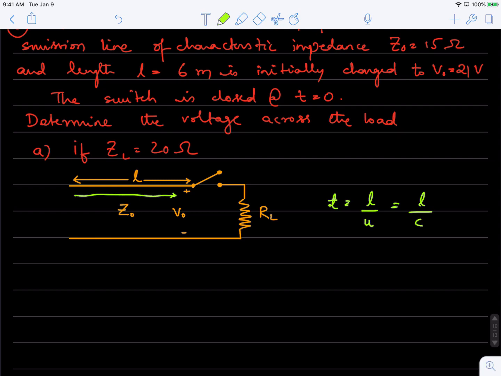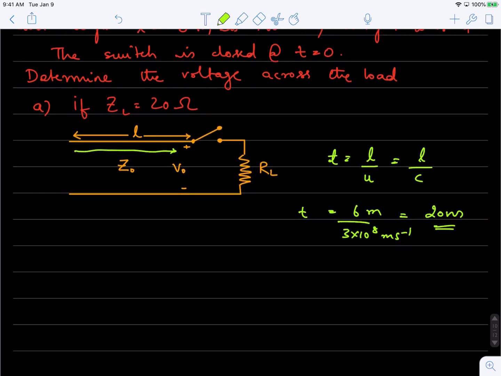So the time is 6 meters divided by 3 times 10 to the power 8 meters per second, which gives about 20 nanoseconds. So t equals 20 nanoseconds is the time it takes for a signal to traverse from one end to the other.